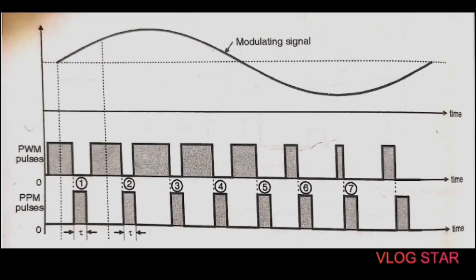In PPM, the amplitude and width of the pulses are kept constant, but the position of each pulse is varied in accordance with the amplitude of sampled values of the modulating signal. So this position of the pulses is changed with respect to the position of reference pulses.